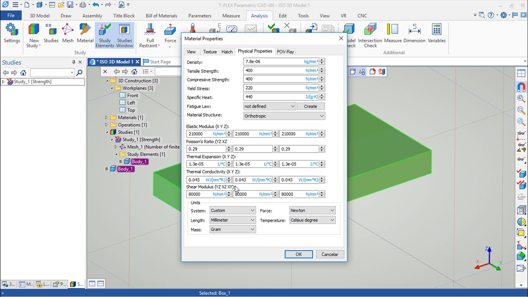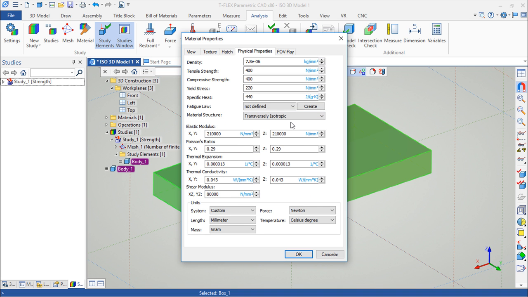For the material that is defined, and probably due to the shape, or if we want to define a new material, we could choose this kind of material structure, so transversely isotropic, which is different because of what is presented to the user now, we can see it like this.